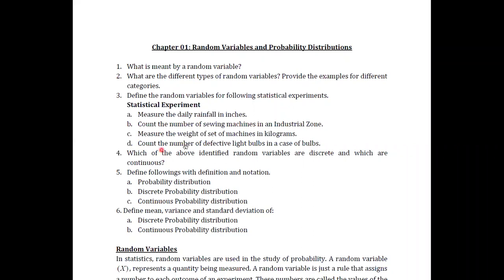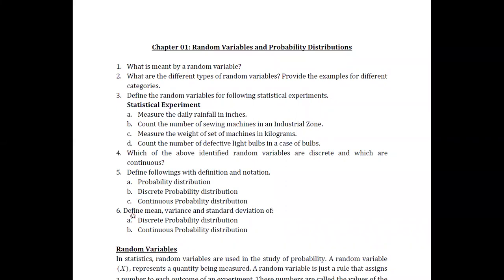And then, based on the behavior of the data, we can divide it into two categories, such as discrete and continuous. Then we will discuss that matter as well. And then we will have some definitions for probability distribution, and will try to distinguish the discrete probability distribution and the continuous probability distribution.